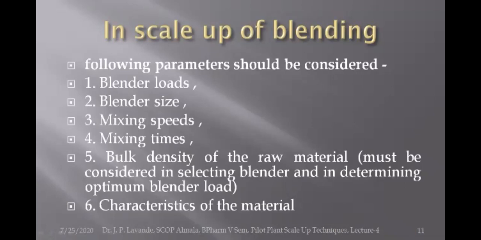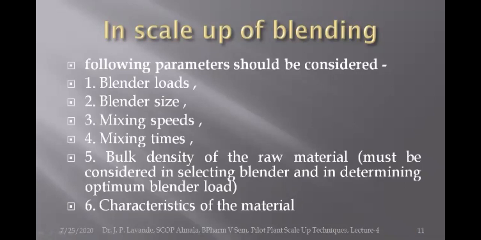The bulk density of the raw material must be considered in selecting the blender and in determining the optimum blender load. If the bulk density is too low, that means the volume of the particles is too high. In this case, there is a need to use high volume blenders, or blenders with large capacity, so that during the process of blending their volume will get reduced.